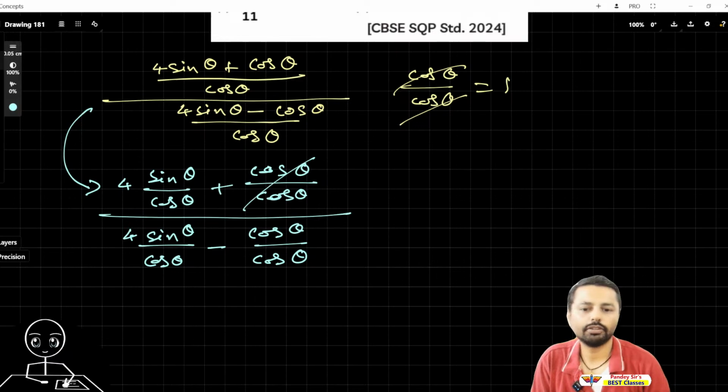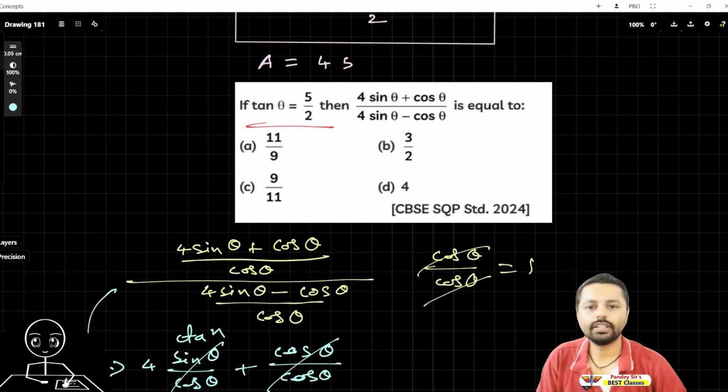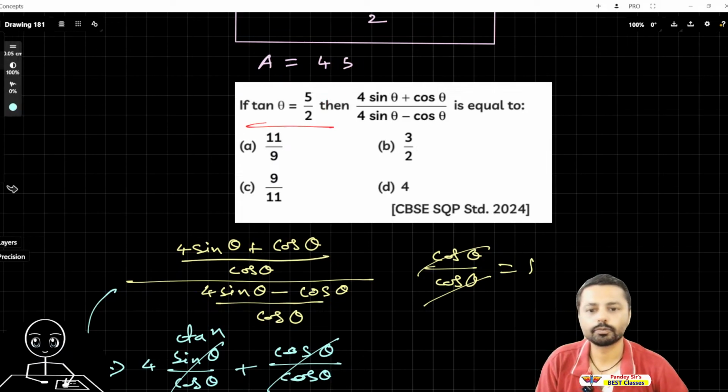Easy. Now this will be 1 simply, and what will this be? Tan theta. Sin by cos is tan. Keep in mind, we are already given the tan theta value here, 5 by 2. We will use that one.